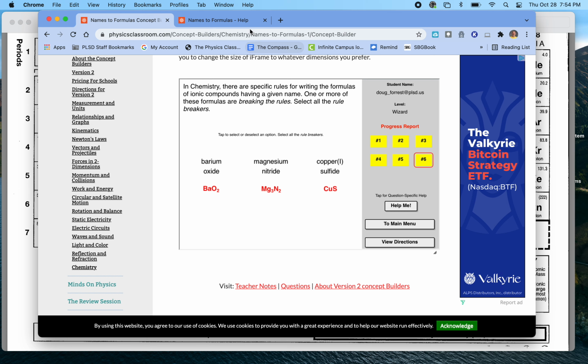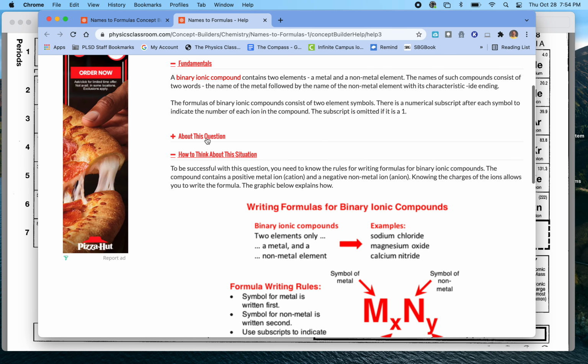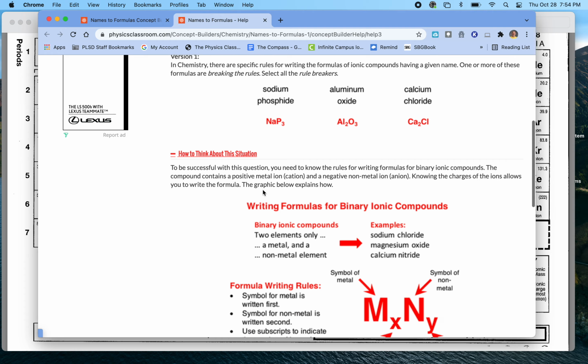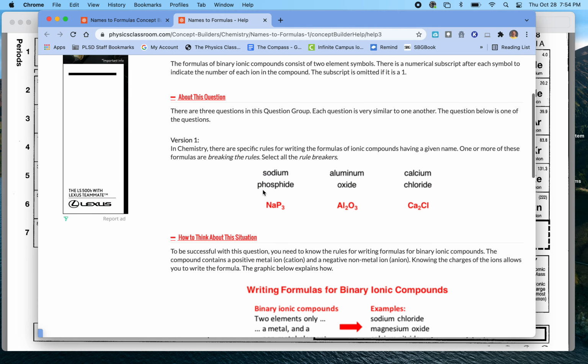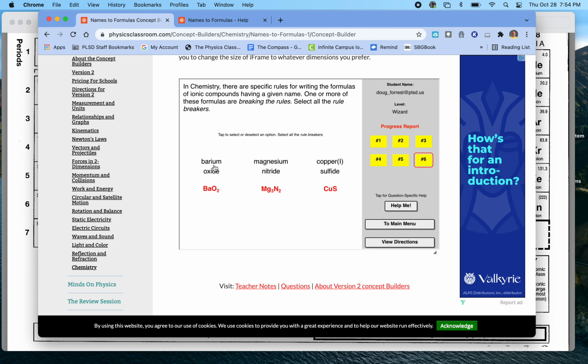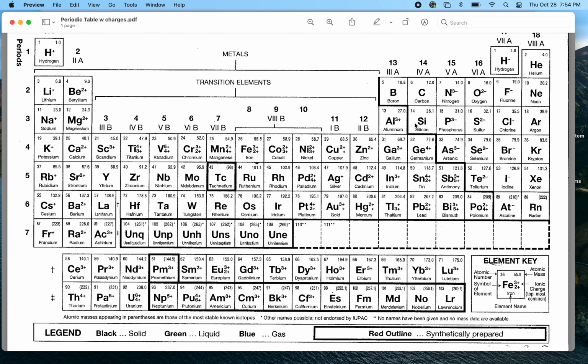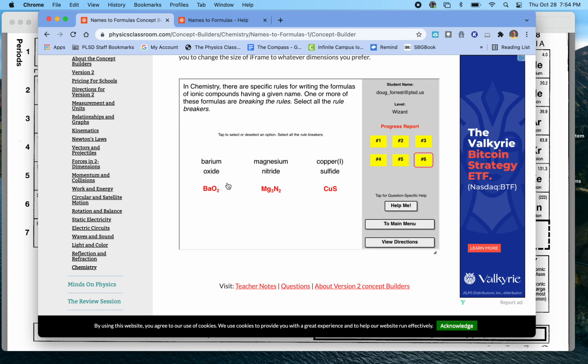And again, if you ever need help, you could go to this particular question if you need to. So BaO2, barium has a charge of +2, oxygen has a charge of -2, so there should be one of each of those in that formula. There's not, so that's against the rules. I'm going to go over here because this looks simpler. Copper(I) sulfide, rather, pardon me, not sulfate.